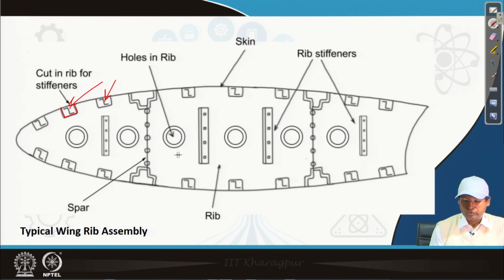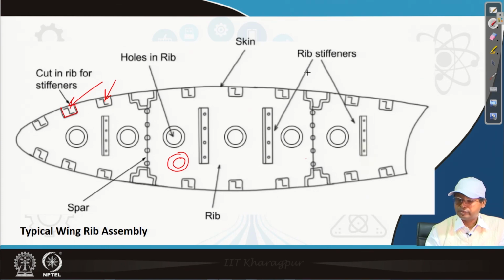We usually put more holes depending upon the requirement. There are 2 rings because the holes are stiffened at the edges, that reduces the weight. Not only that, these holes are required for passing control wires, control rods, as well as for fuel tanks, and different other purposes.